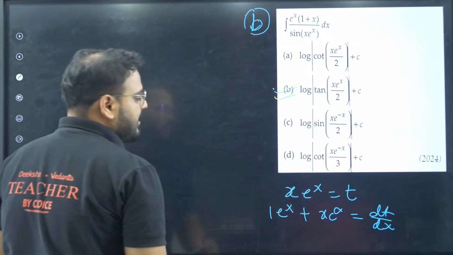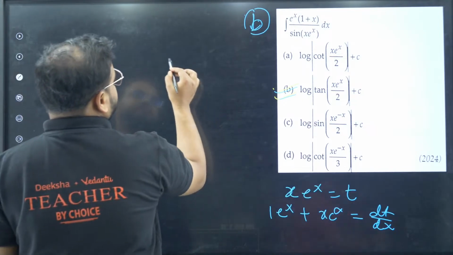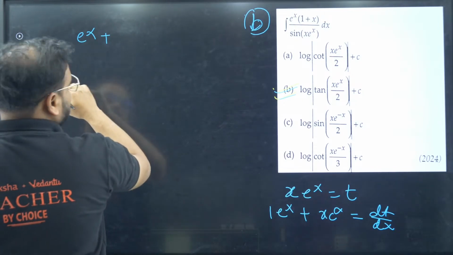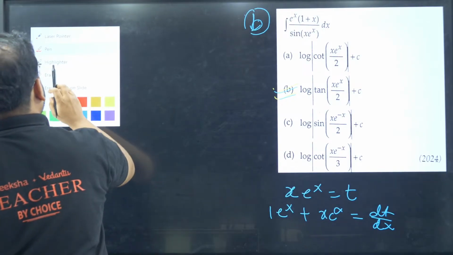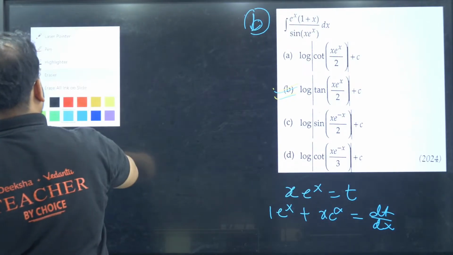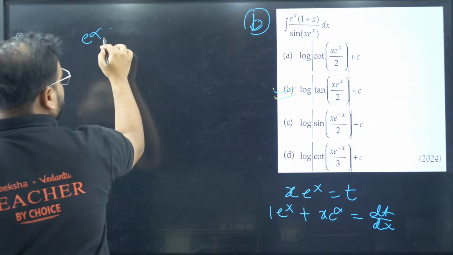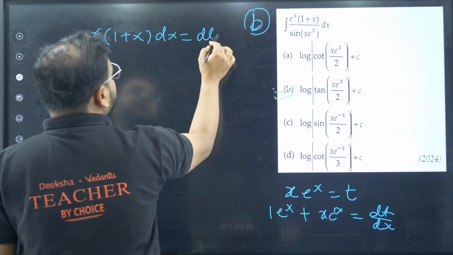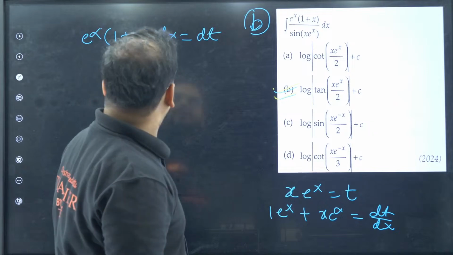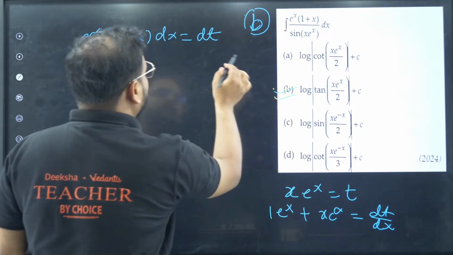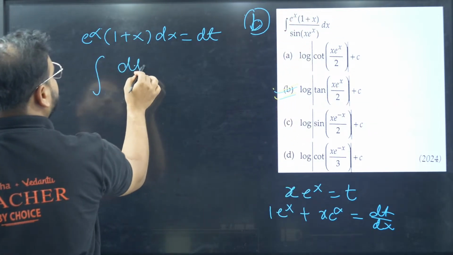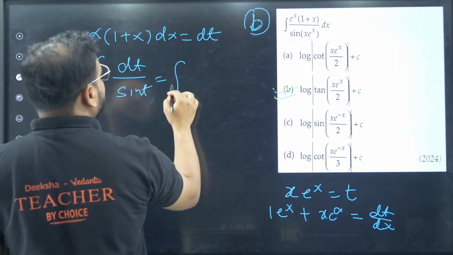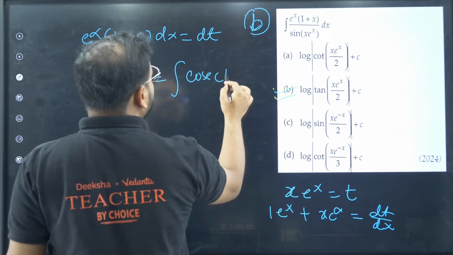I can take e power x common, so it becomes 1 plus x with dx equals simply dt in the numerator. So we have dt upon sin t, giving me the integration of cosec t dt.